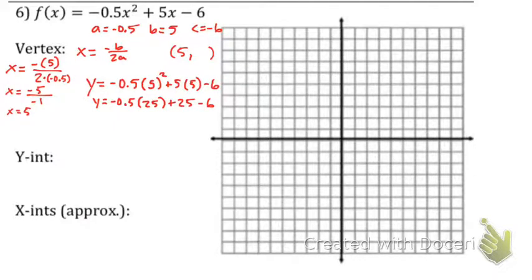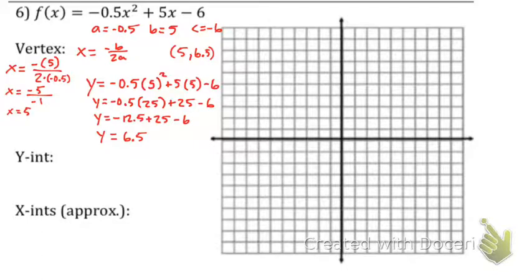And 0.5 times 25 gives us y equals negative 12.5 plus 25 minus 6. Let's do this math. If we add and subtract this all together, we should get 6.5. So my y value for my vertex is 6.5.